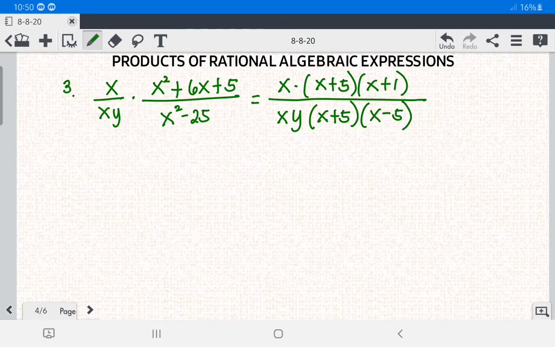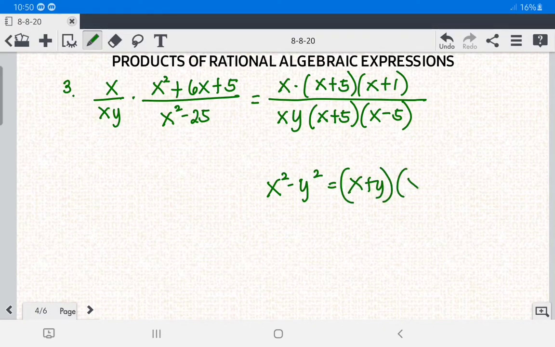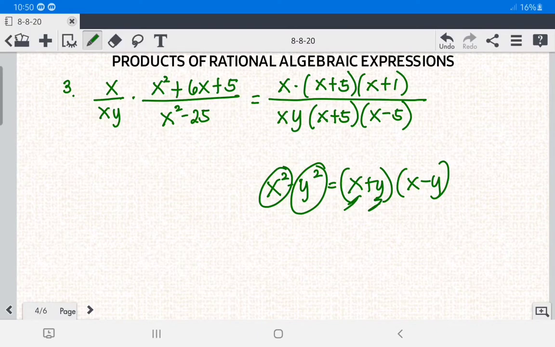Because since this is a difference of 2 squares, we have x squared minus y squared. Remember that if we have this, factors are x plus y and then x minus y. So you will just get the square root of x squared, that is x, and then square root of y squared is y, okay?